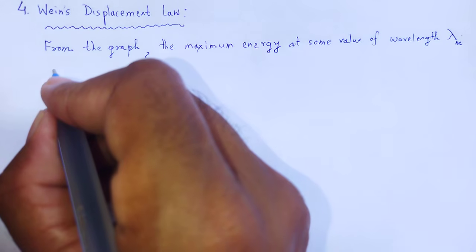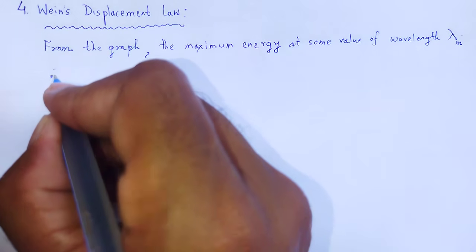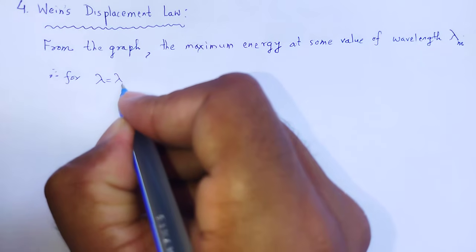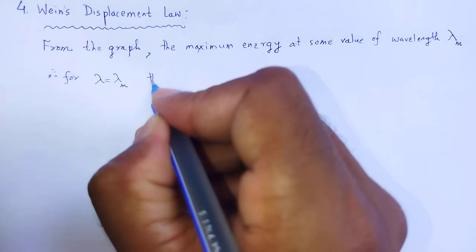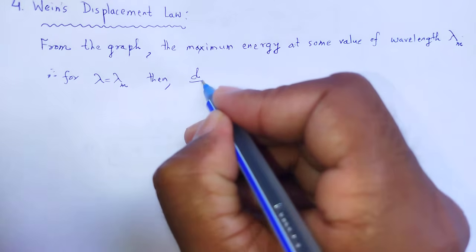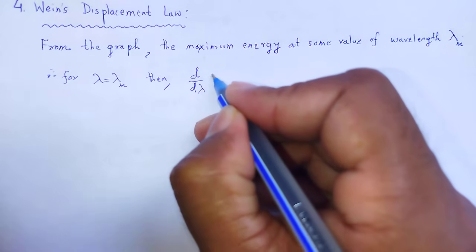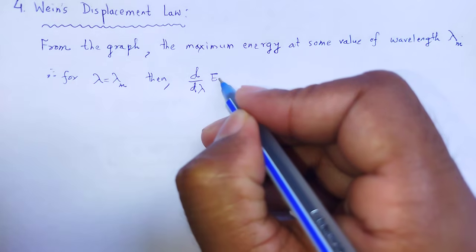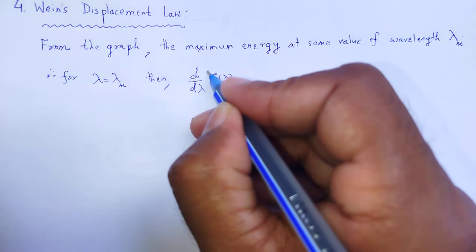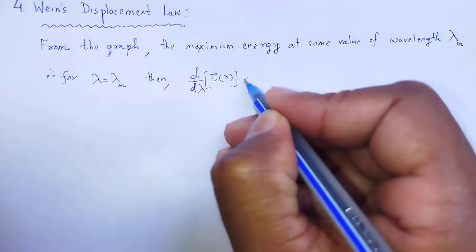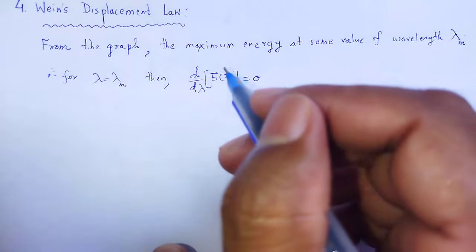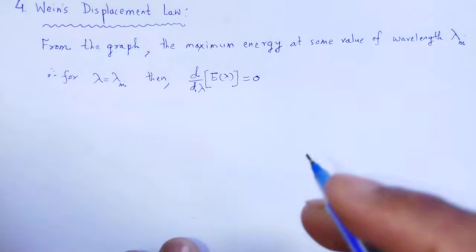Therefore, when the wavelength is the maximum wavelength, the differentiation of E lambda with respect to lambda is equal to 0 at maxima, since the first order differentiation will be 0.